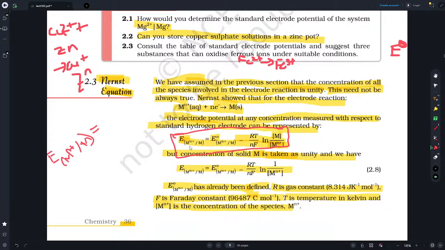E Mn+ to M equals the standard electrode potential minus RT by nF, where R is the gas constant, T is the temperature in Kelvin, and n is the number of electrons. If it is Mg2+ to Mg, Mg is gaining 2 electrons, so the value of n here will be 2.